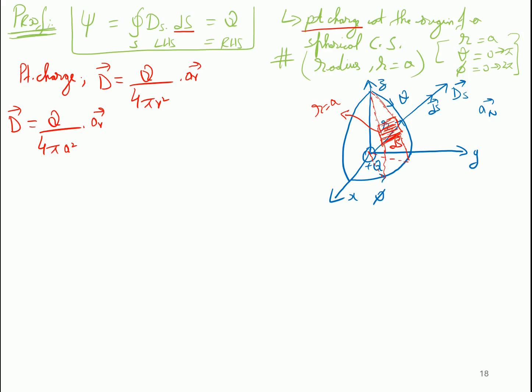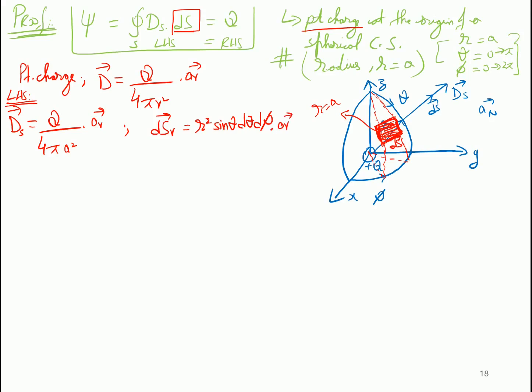So basically we are starting with the left hand side, and we need to solve this equation. We found the value of electric flux density, which is d. Now what is d of s? D of s is this small area selected inside this spherical coordinate system. Since this is the incremental surface area, for the spherical coordinate system the value of d of s for r is r square sine theta d theta d phi with the unit vector a of r.